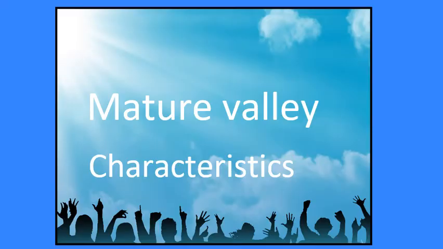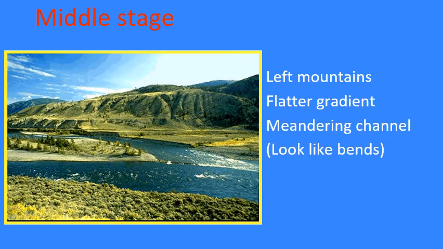So we're carrying on down the length of the river, and we now are moving into the mature valley. We are now looking at a river in its middle stage of development.